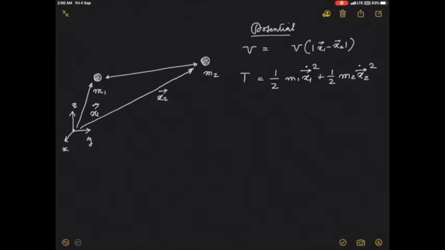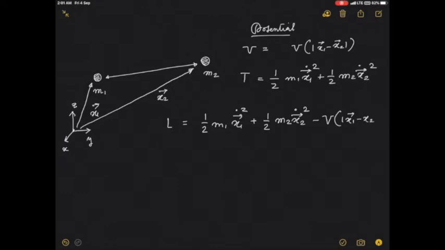So I write the Lagrangian. This is the first time I am writing the Lagrangian for this problem, and you will see how the Lagrangian will evolve. And then minus V of mod x1 minus x2.